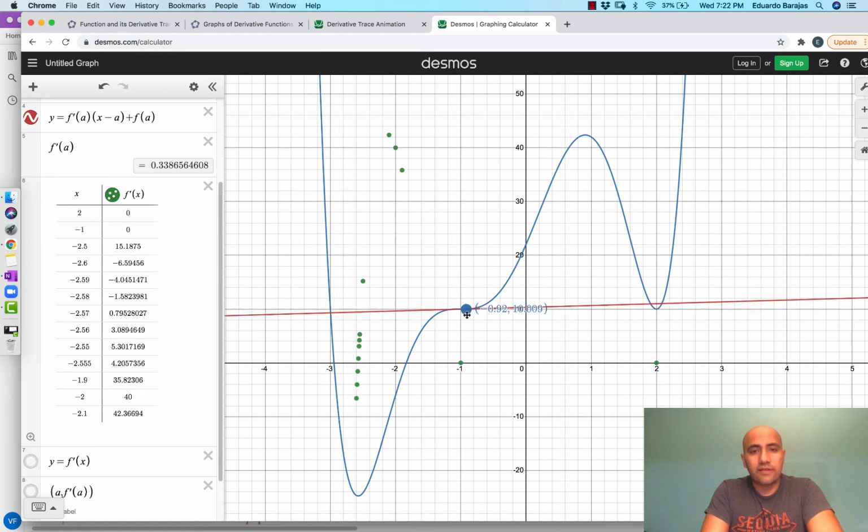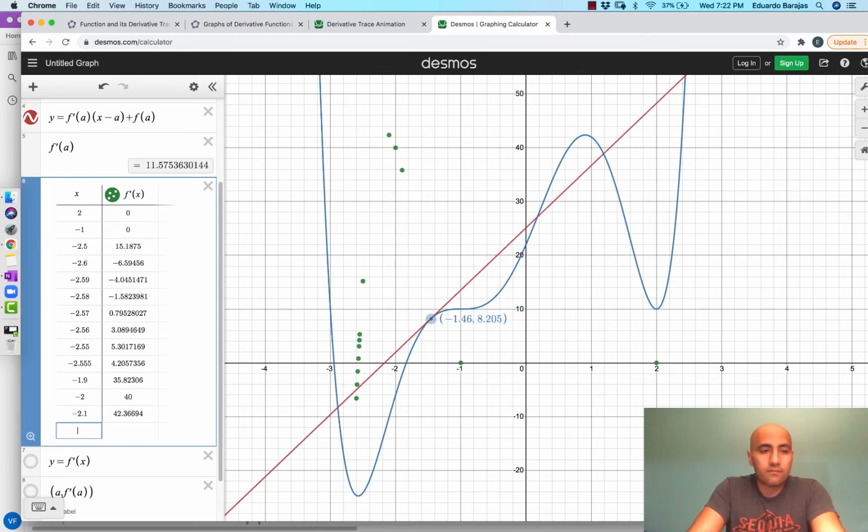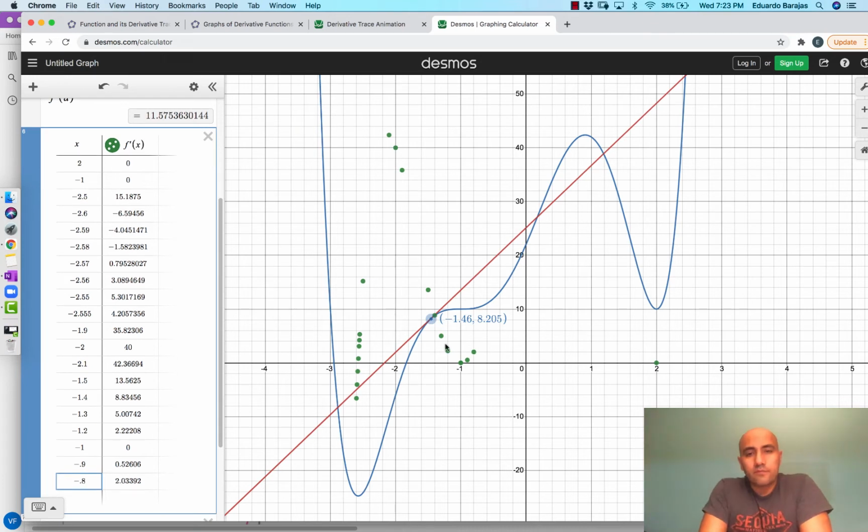And then they start to get bigger and bigger and bigger again. Okay, so if we get some points from around here, this is going to be somewhere around negative 1.5, negative 1.4. Okay, so we see that we start to see some points there.